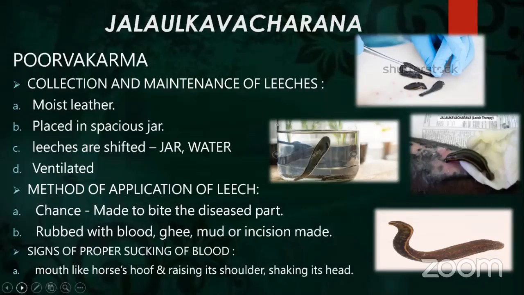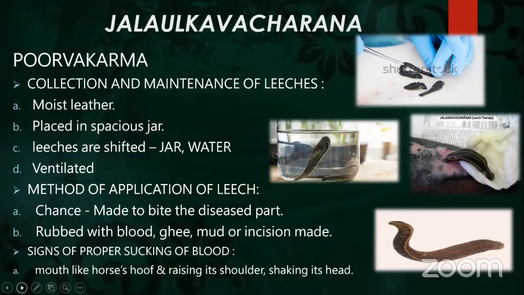After checking all those parameters, whether the patient is suitable or not, then you have to make the setup for Jaloka Charana. Then the leech is allowed to bite the diseased part. If the leech is not catching that area, we have to rub the area with blood, ghee, mud, or sometimes you can make an incision over that, so that it is easy for the leech to suck the blood.